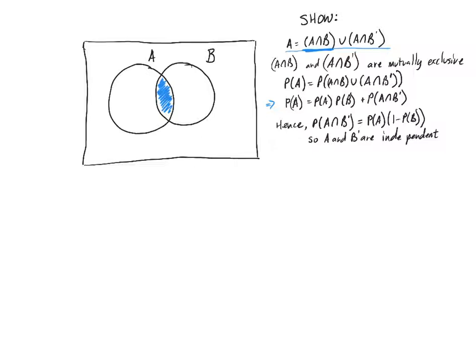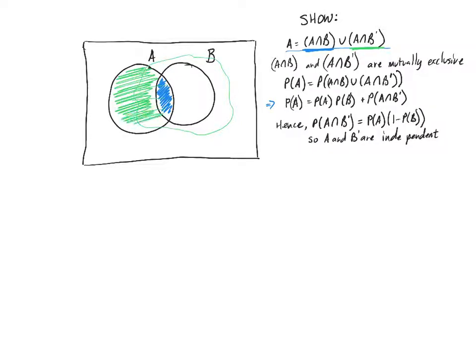And then the next part is A intersection not B. So not B is everything outside of B, and then, of course, A is anything inside here. So the overlap of my squiggly circle and the straight lines is this section right here.